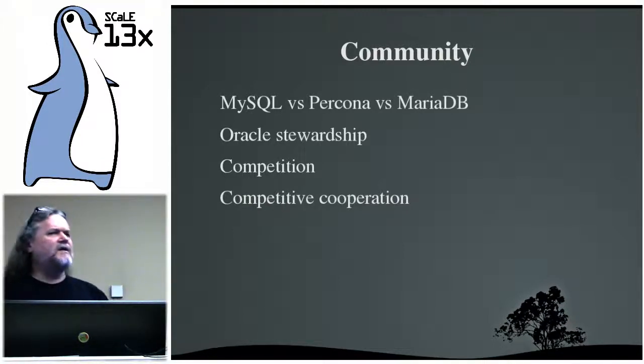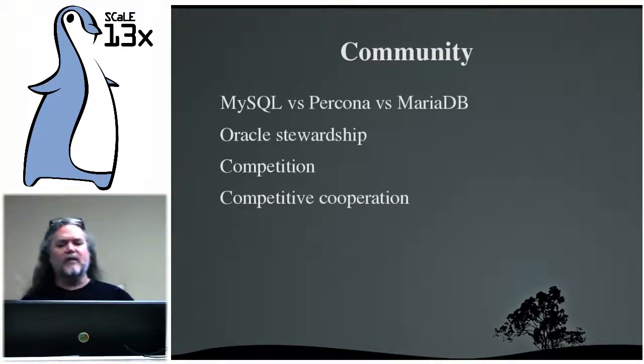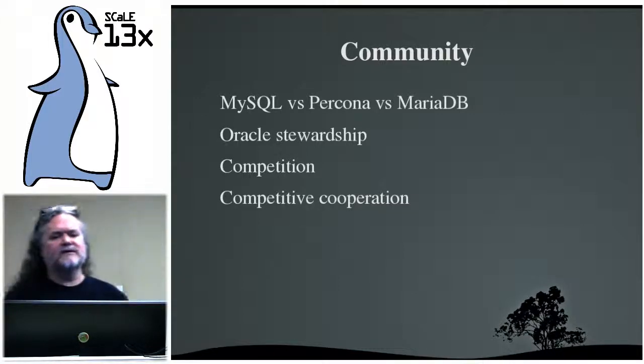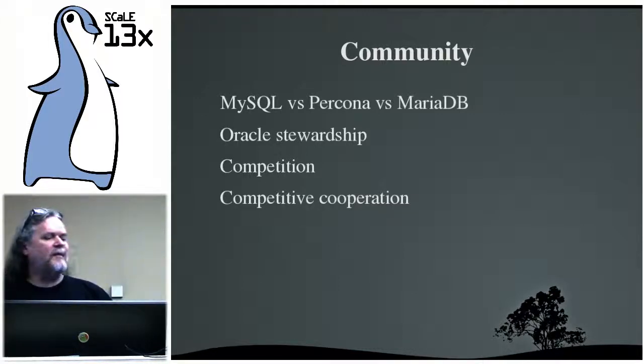So I think we have competition, which is helping improve the tools for us. But I think that in the end, that also brings in cooperation, so we keep together. Because if we end up forking and getting three completely divergent types of MySQL, that's going to hurt the community. So I'm hoping that they will listen to me and continue being compatible.